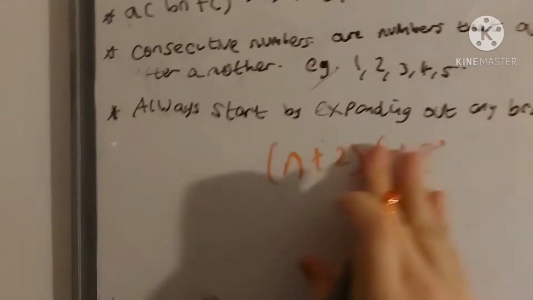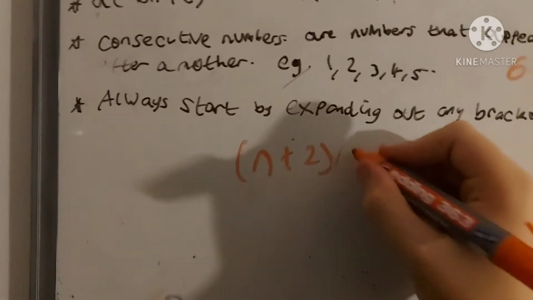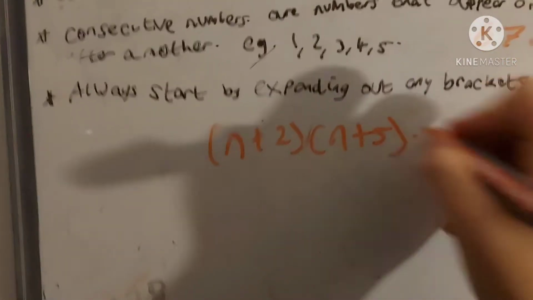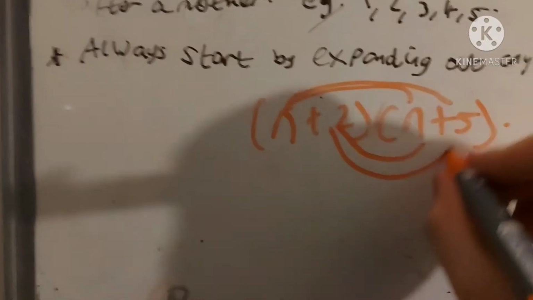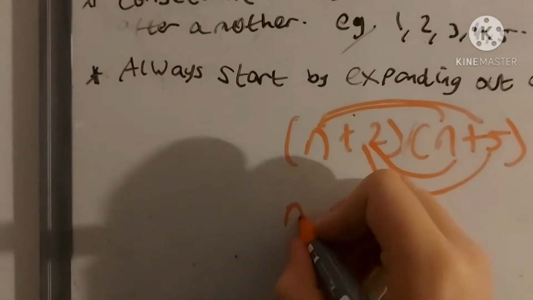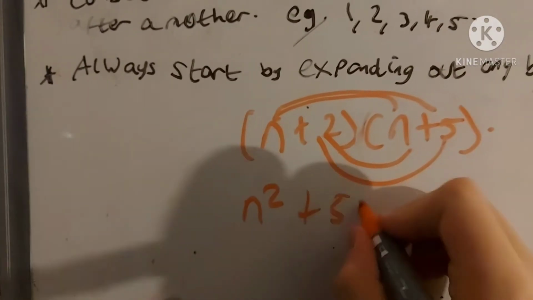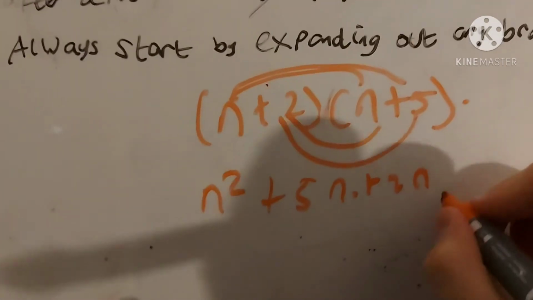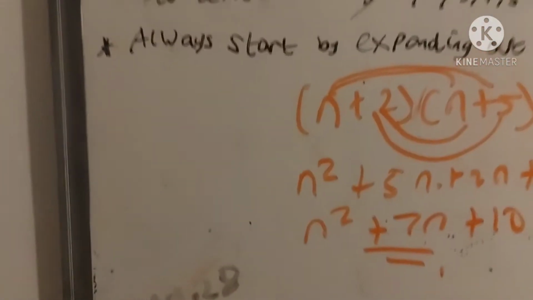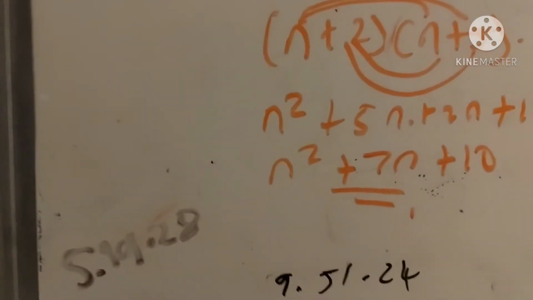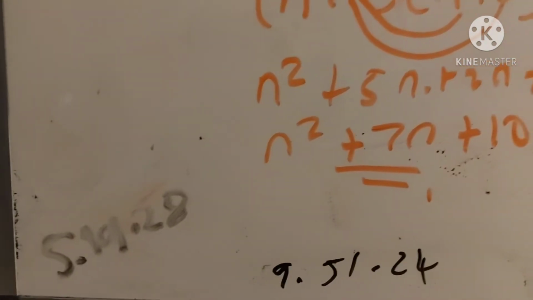So I'll do n plus 2 times n plus 5. You can do your FOIL method, or you can do your little smiley face method. Any method you choose, and we'll get n squared plus 5n plus 2n plus 10, which is n squared plus 7n plus 10. Expanding brackets, you should know how to do them by now.